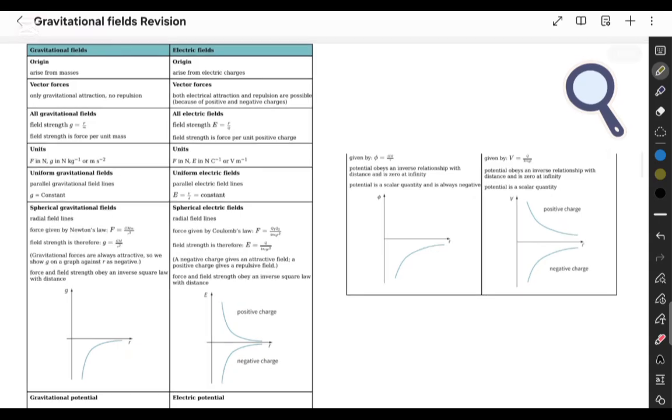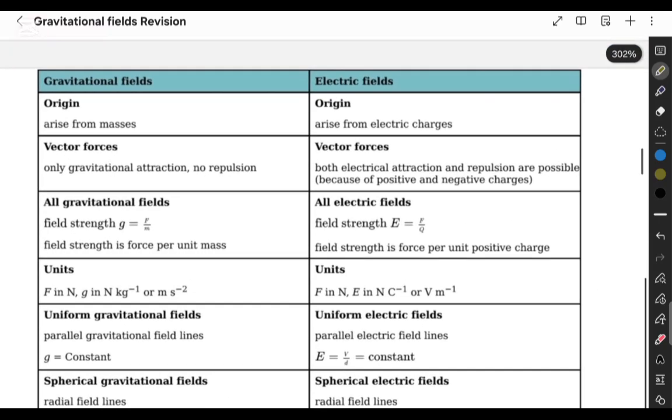Looking at the comparison between gravitational field and electric fields. Remember, the gravitational field arises due to masses, and the electric field arises due to charges. Both are vector quantities, so both have directions, but gravitational fields have attraction only, no repulsion, whereas electric fields have both attraction and repulsion.